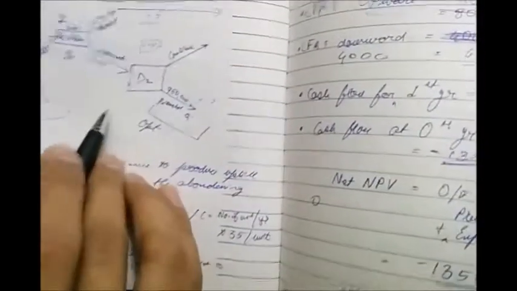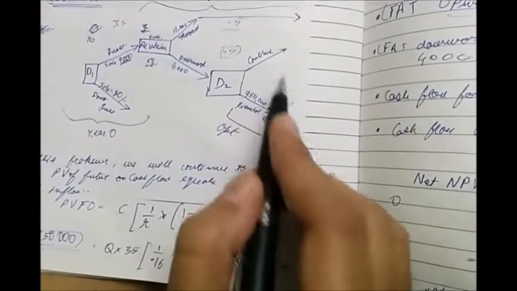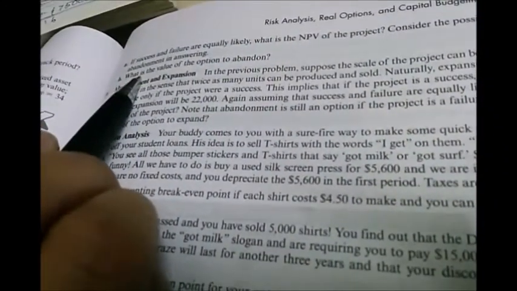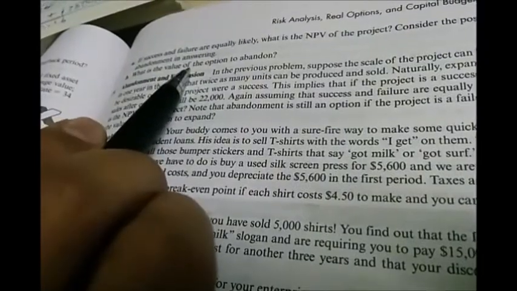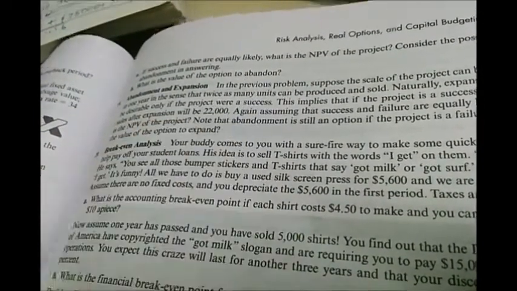Now suppose in this particular condition I did not have the option of selling it, then I might have incurred some loss. So that's what the second part asks us, what is the value of the option to abandon.